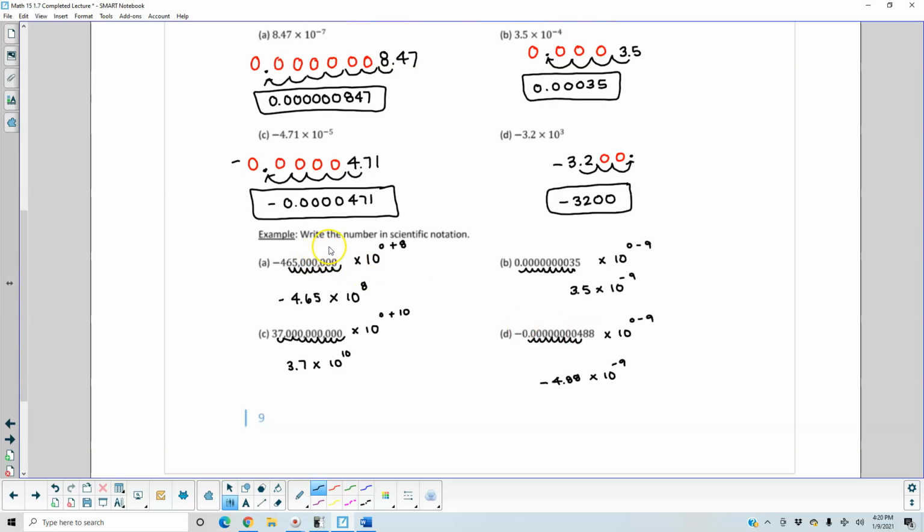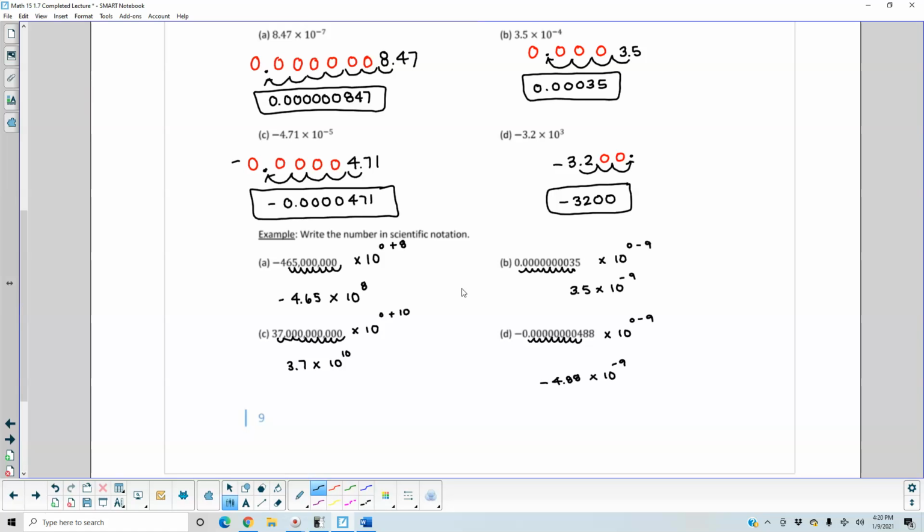The next example, we're going to write the number in scientific notation. So in this case here, we have negative 465 million. In order for us to rewrite this in scientific notation, we're going to write times 10 to the 0 power, because if we recall, 10 to the 0 power actually equals 1. So let me write this out.